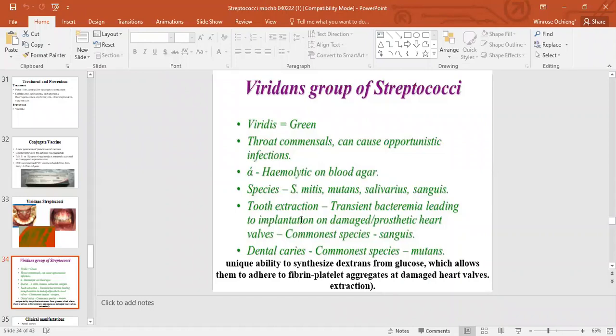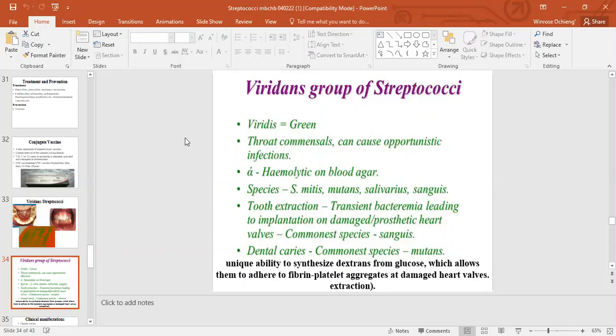Also in cases of prosthetic heart valves, when we have some implants in our heart valves, that's when we can see this group of viridans streptococci becoming a problem. Initially, the group of viridans streptococci are normal flora. They are throat commensals.